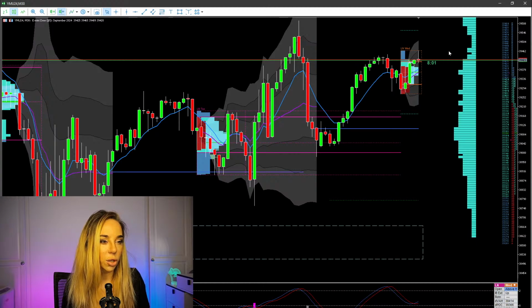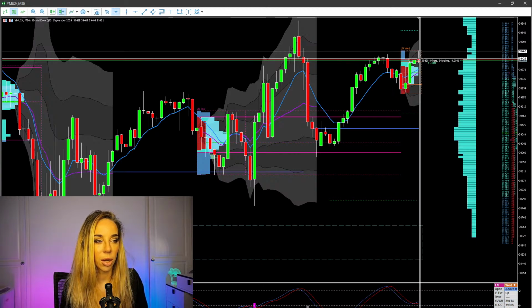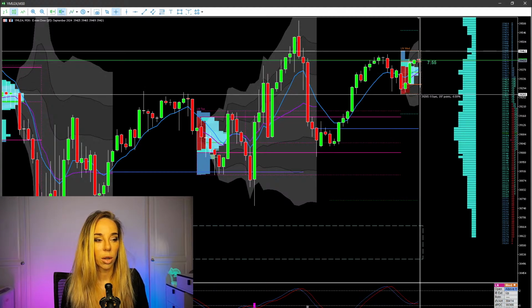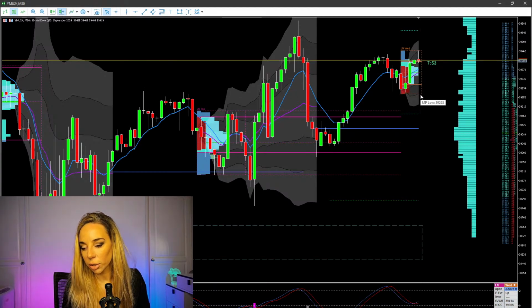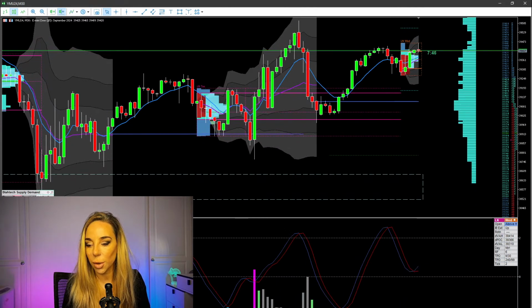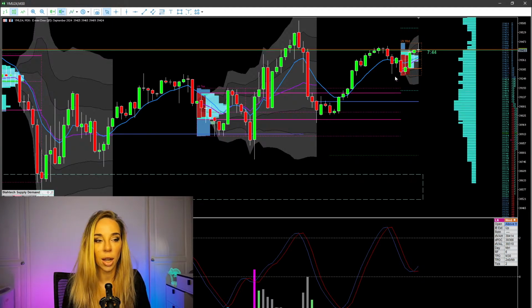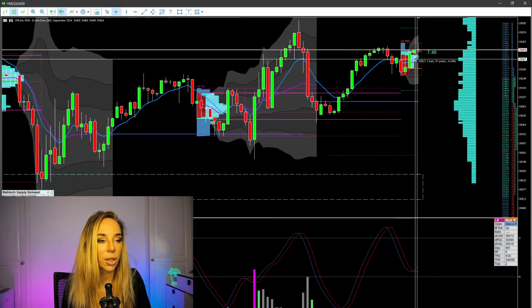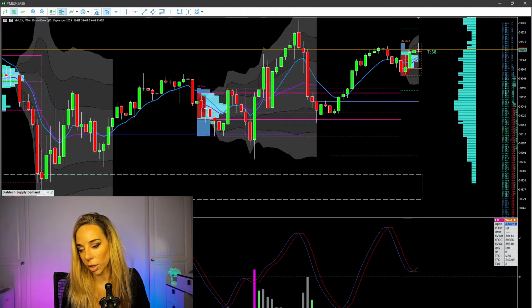It's building structure, leaving some access to the upside. The range is decent, but nothing like New York. For me, this would be just about acceptable range, 288 ticks. The candles are about 63 ticks, so that's all right.